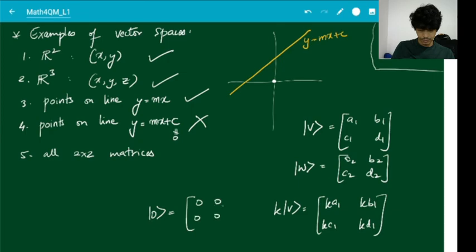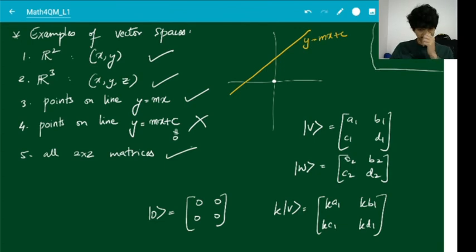This 0, 0, 0, 0 matrix. If you add it to any other matrix, you will recover that matrix. So this is a null vector. Is there an additive inverse? Yes, there is. If I just take minus A1, minus B1, minus C1, minus D1, then that is the additive inverse of the vector V. So all 2 cross 2 matrices form a vector space.